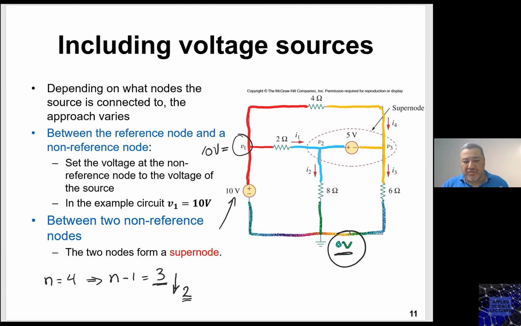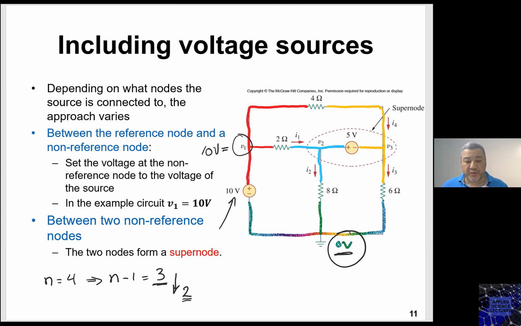Since it generates a potential difference of 5 volts, and I put the negative terminal of this 5 volts on V3, and the positive terminal here on V2, basically this means that the voltage at V2 will be greater than the voltage at V3 by 5 volts. Why?